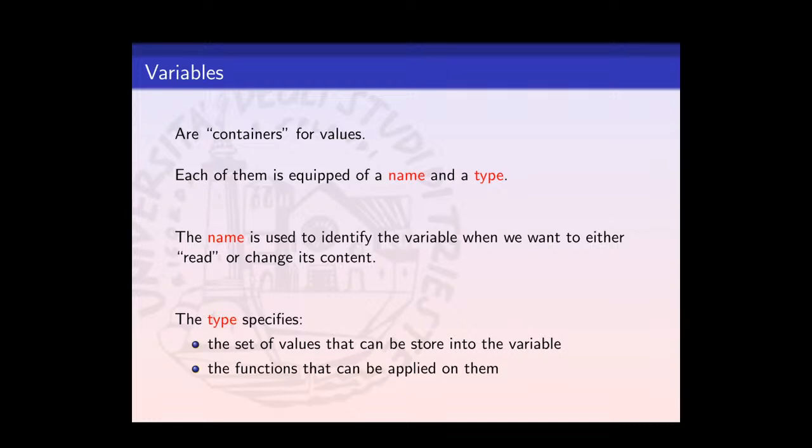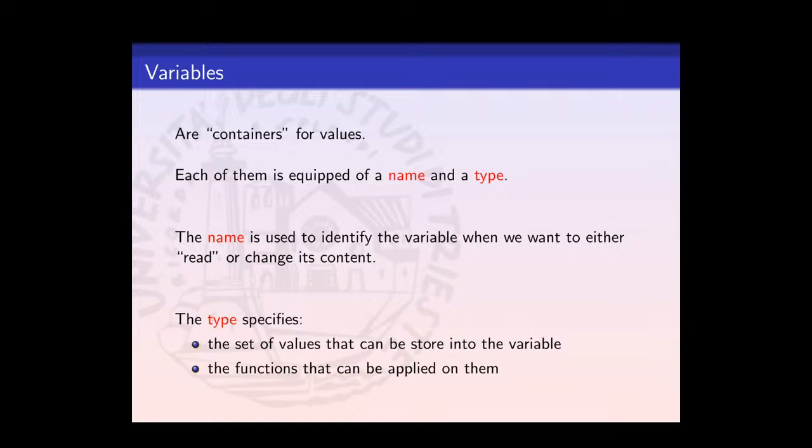It's also related to the kind of operation that you want to perform on that data. For instance, while it might be interesting to divide a number, it has no meaning dividing a character. So the type not only specifies the kind of value that you want to store, but also which operations you are going to perform on that value.